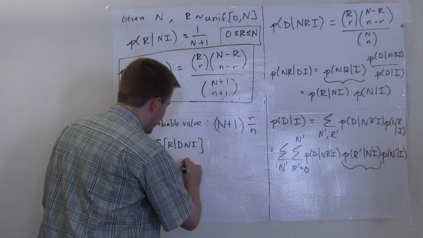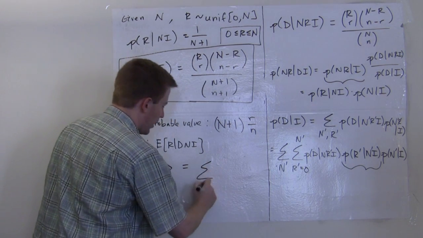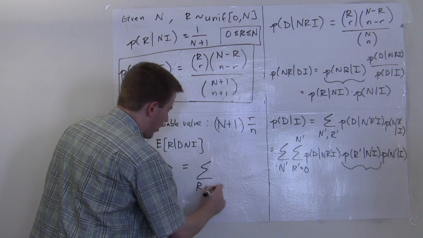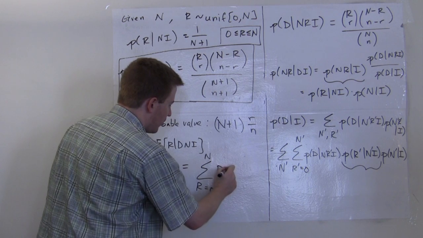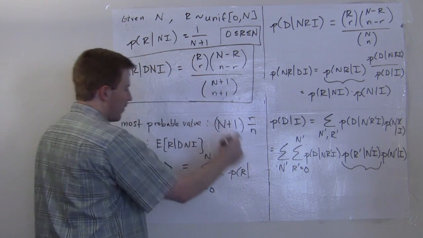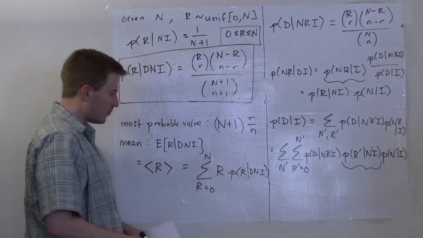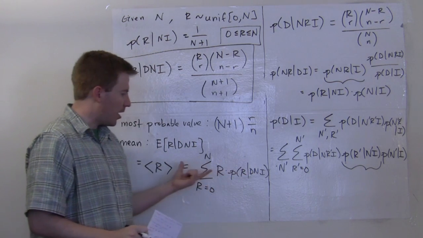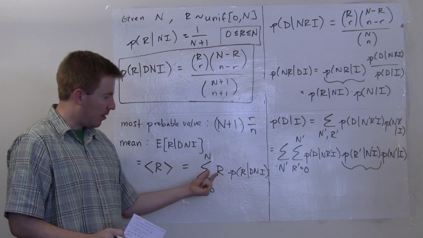So that would amount to taking the sum over all the values of R from 0 to n of the value R times its probability, conditional on all this information in the posterior probability assignment. That's just what expected value is.